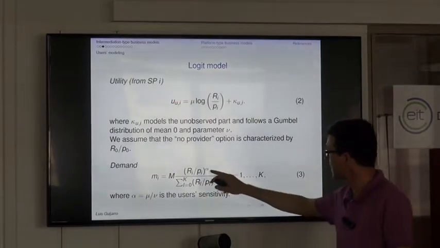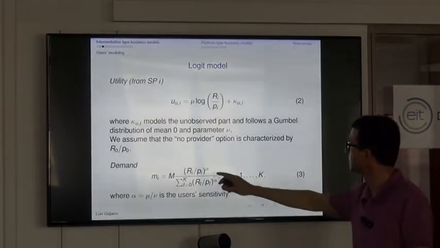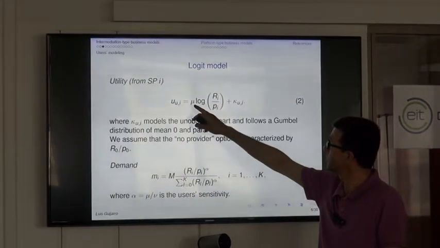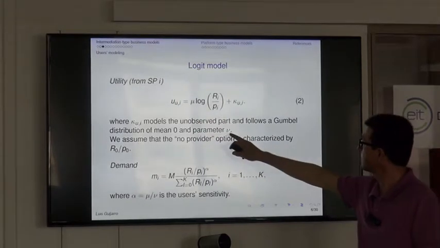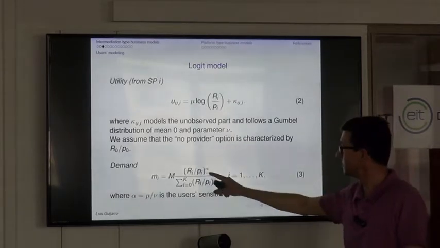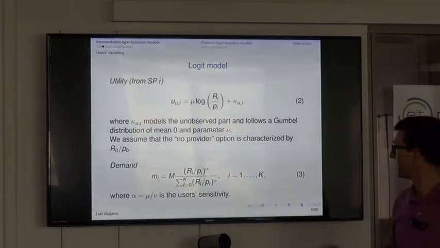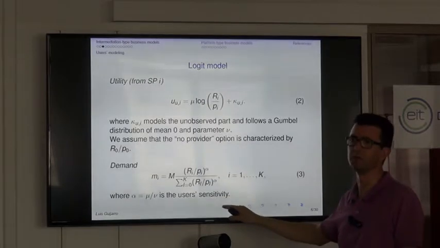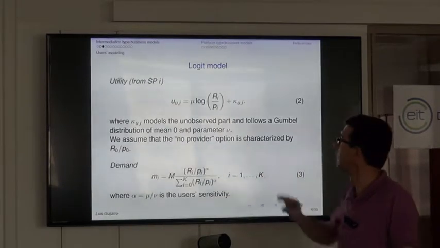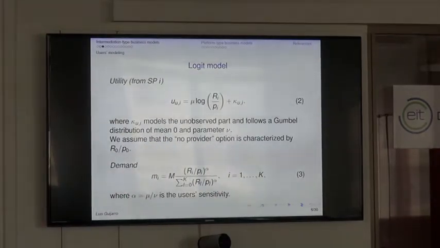Okay, this alpha, which is equal to mu over mu, is the ratio between this mu, which can be here as well, and the Gumbel parameter. The interesting thing here is that, even being a parameter, this can be interpreted as the user sensitivity to the objective part of the utility that a user gets from a service provider.